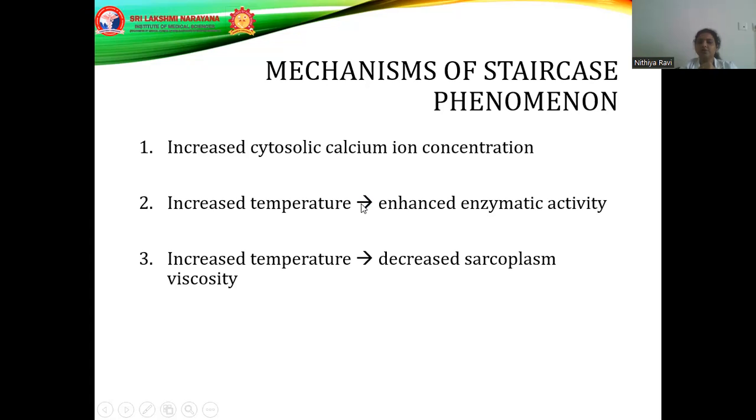Also, because of the repeated stimulation, there is an increase in temperature and enhanced enzymatic activity, and the increased temperature will also decrease the sarcoplasmic viscosity. All these factors aid in progressively increasing the contractions for at least 3 to 4 contractions when the stimuli are given at short intervals of 10 seconds.